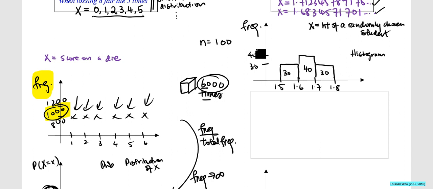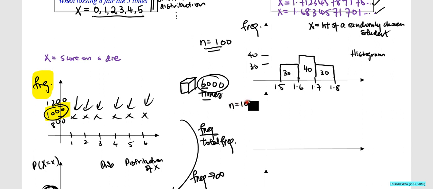Can I cut it a bit finer? I still sample 100. Okay, this time I don't sample 100, I sample 1,000, a bit more, but this time I cut it a bit finer: 1.5 to 1.55, 1.6 to 1.65, 1.7 to 1.75.